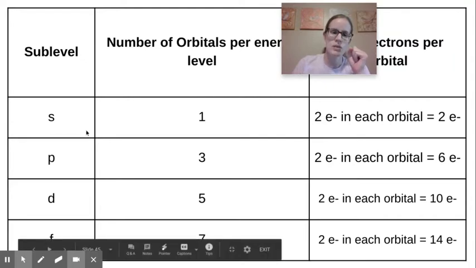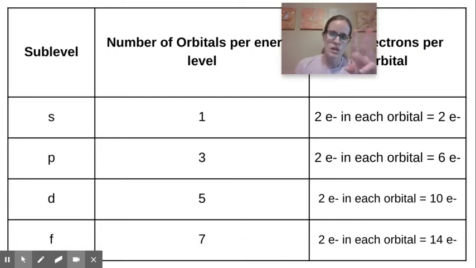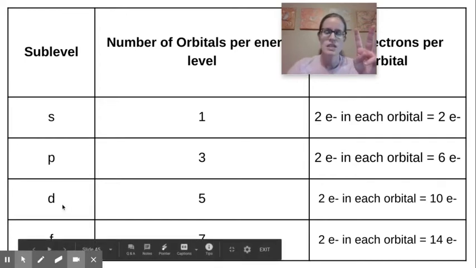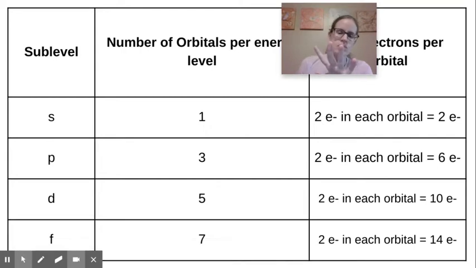Your P sublevel can have 3 orbitals in it. Remember, I told you you can have Px, Py, and Pz. Since those are 3 separate orbitals, each orbital can have 2 electrons in it. So 2, 4, 6. You'll have 6 electrons in a P sublevel. The D, you just have to trust me here, has 5 orbitals, 5 different positions.